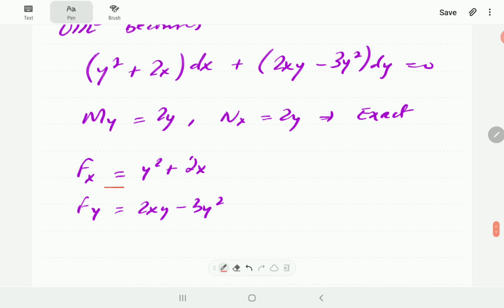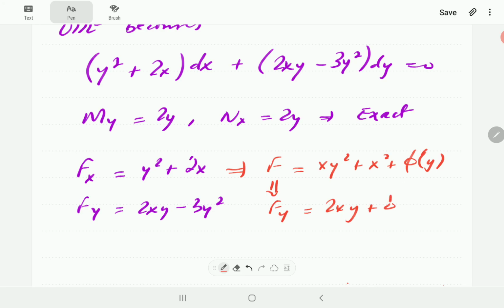So that means there is some function f such that its x derivative is y squared plus 2x. If we integrate that with respect to x, then we're going to get xy squared plus x squared plus a function of y. And if we differentiate that partially with respect to y, we're going to get 2xy plus phi prime.